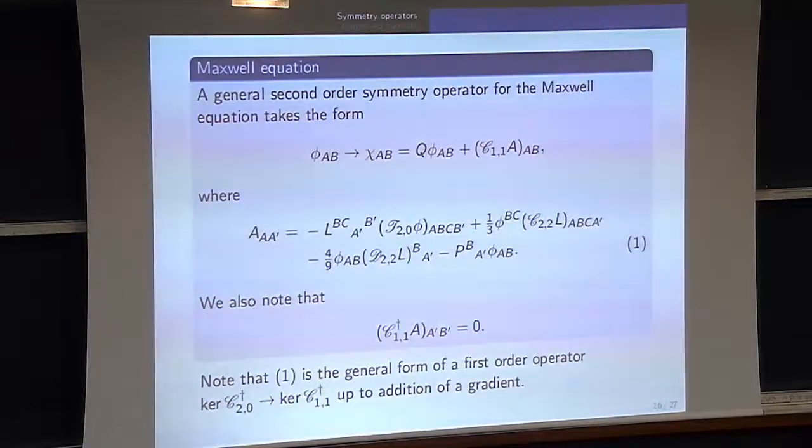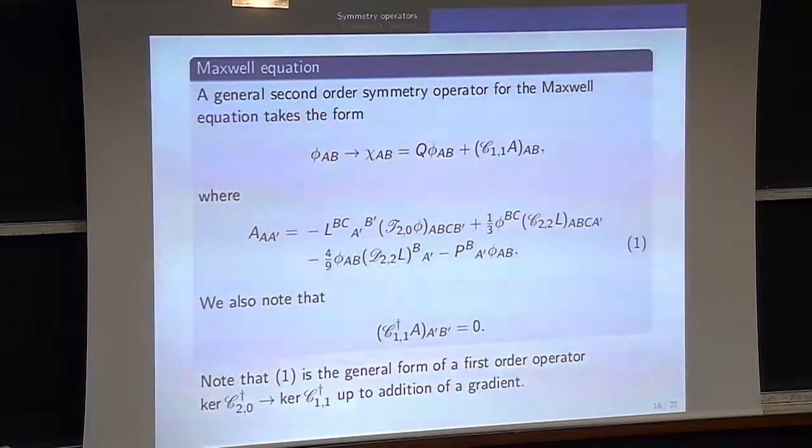Now, for the rest of the talk, I will concentrate on the Maxwell equation because we will use that as a good model problem for the linearized gravity, which is the next step, but we have not gone that far yet.